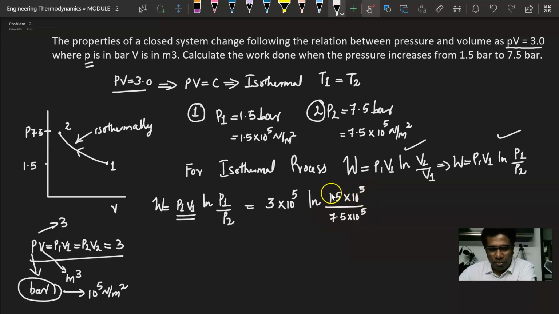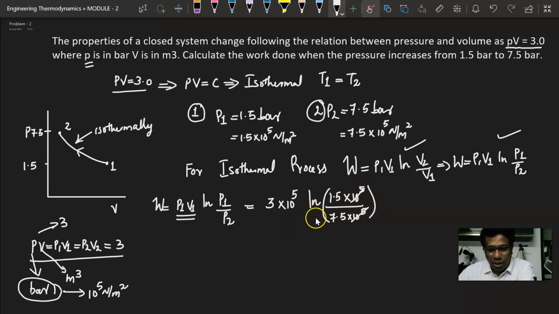So this will be my equation. You can see that this 10 raised to 5 and 10 raised to 5 will get cancelled. If there is a ratio in terms of bar, I could have directly given 1.5 and 7.5. But you have to be very clear that this is a ratio. That is why this 10 raised to 5 is getting cancelled.